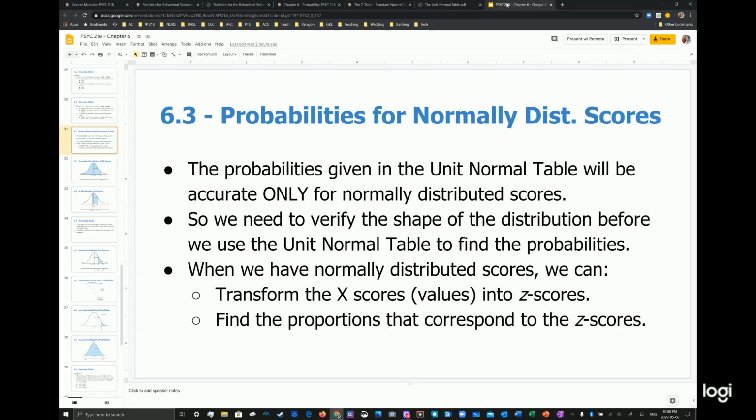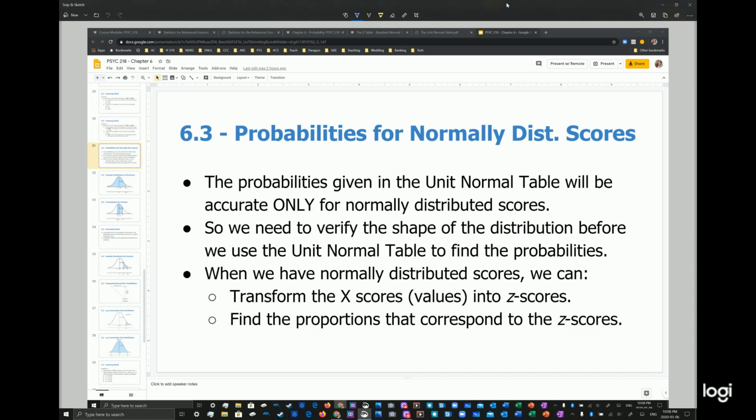So the rest of this video recording then goes through the last part of this chapter, starting with 6.3. So remember, the probability for normally distributed scores, well, we can only work with normally distributed scores because we need a consistent way to find the probabilities.